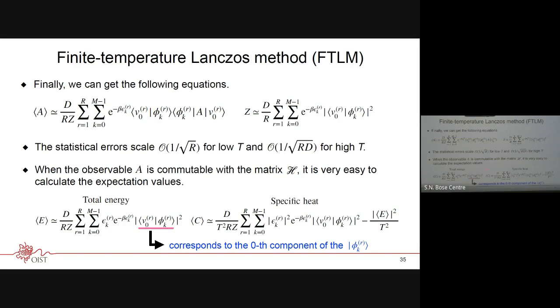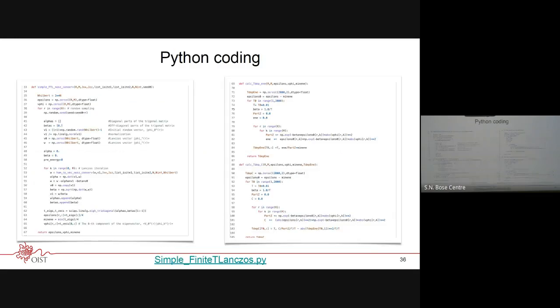And to deal with this, I think that corresponds to the zeroth component of phi kr. Phi kr means the eigenvector of the tridiagonal matrix for the R. So that's easy to get, as I'd like to say here.